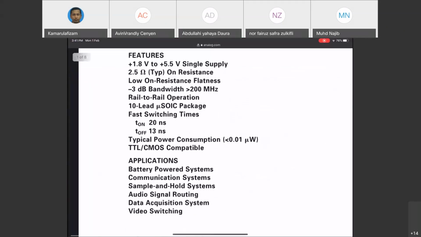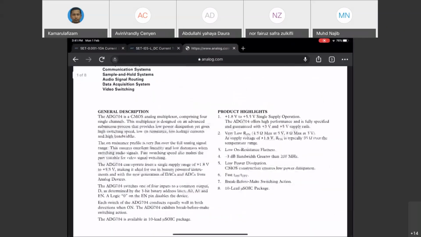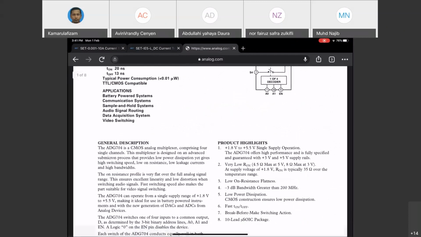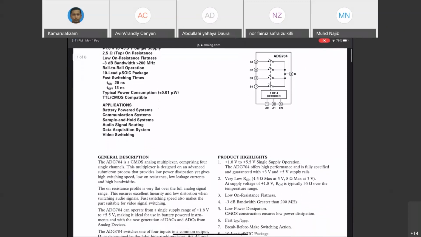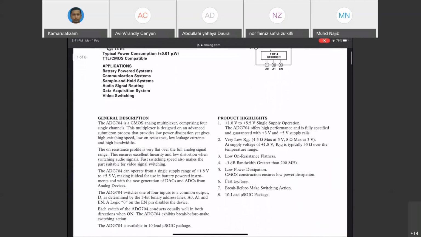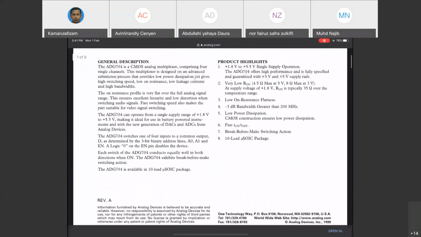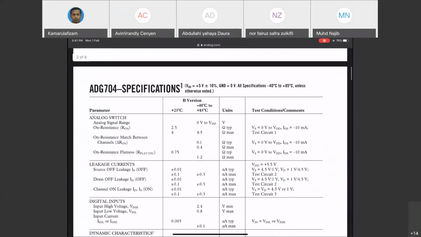Sorry. There must be something on the noise. Leakage current. Okay. So this is the basic information which you can basically get.